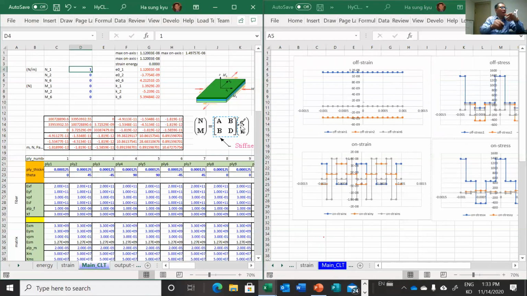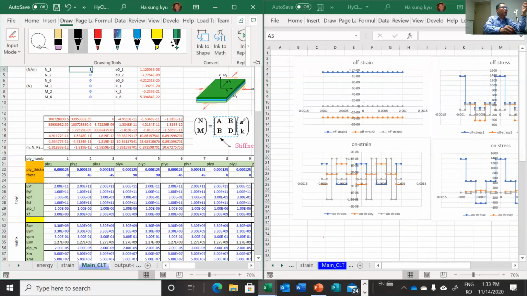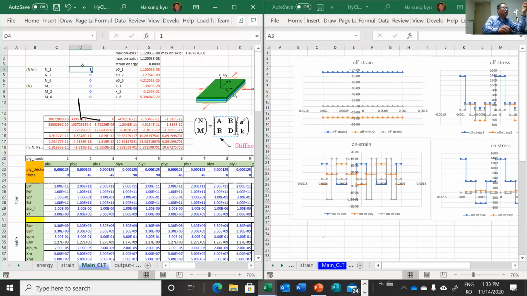And then let's try to apply a certain load. We have this and that and that, right? Now, let's say we apply it in any direction, like this way, any direction. I would say theta.